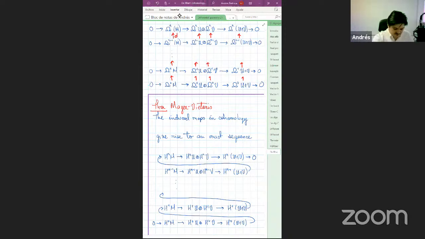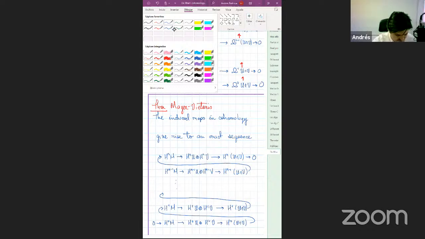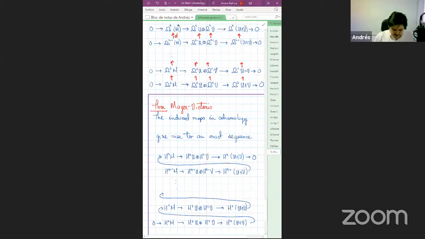So, first of all, now this map is the same map in cohomology. I have a closed form, and it's the same one that we had before.